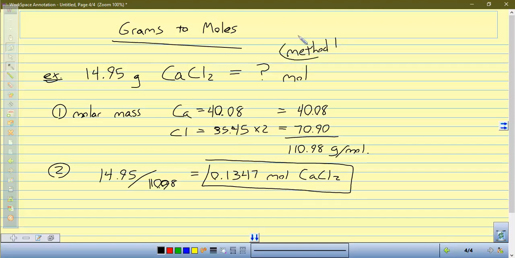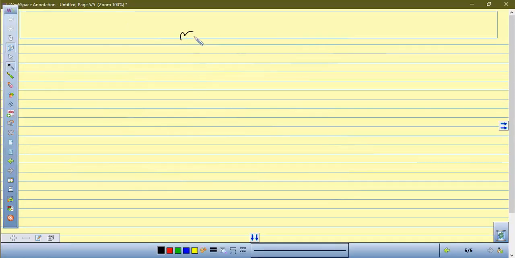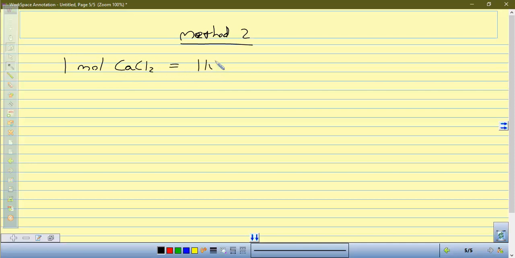Method 2 is the same sort of problem using conversion factors again. My pen's being pretty sloppy today. So we write out our equality. 1 mole of calcium chloride equals 110.98 grams.